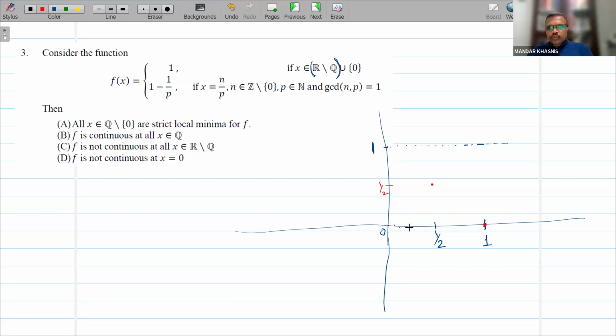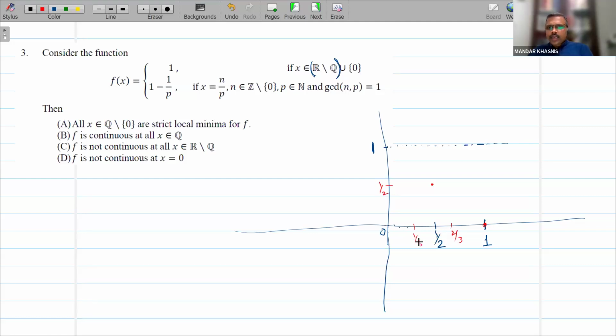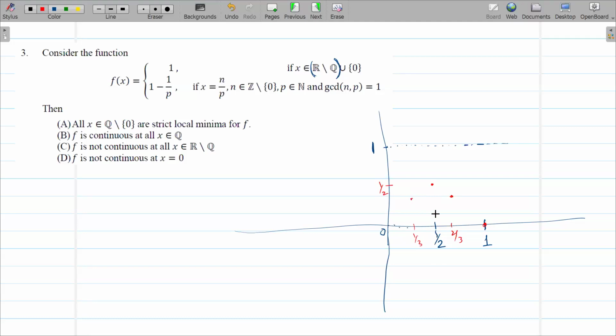Now one can look at, say, something like 1 by 3 and 2 by 3. At both these, the values are the same. Do you agree?